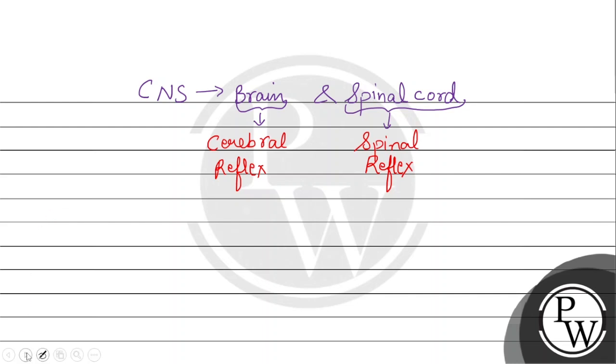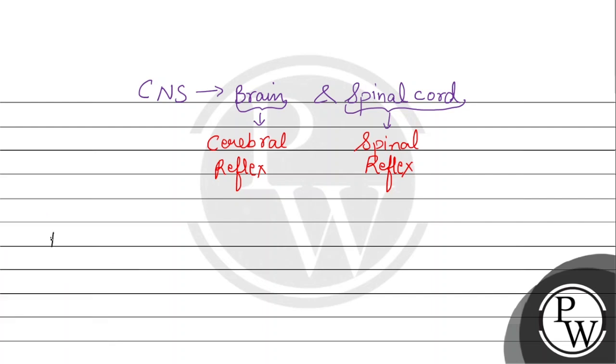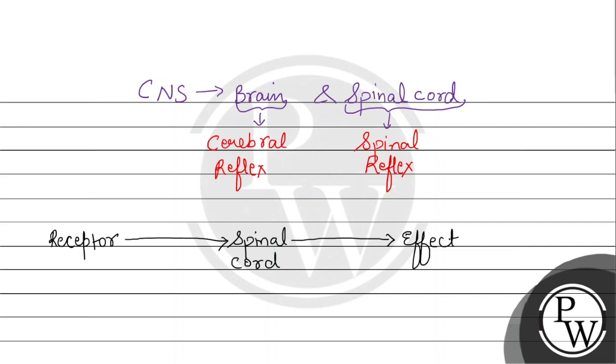तो यहाँ पे पाथवे फॉलो होता है, और पाथवे इज फर्स्ट ऑफ ऑल रिसेप्टर के पास में स्टिमुलस आता है. So the receptor has taken the stimulus, from the receptor it reaches to the spinal cord. Okay, in the spinal cord there are relay neurons which give the message to the motor neuron, and through the motor neuron it goes to the effector area.